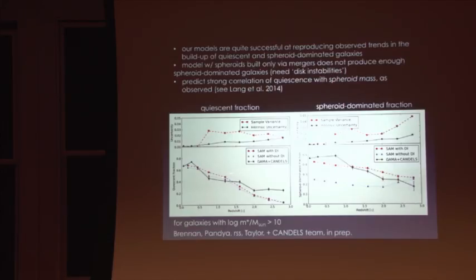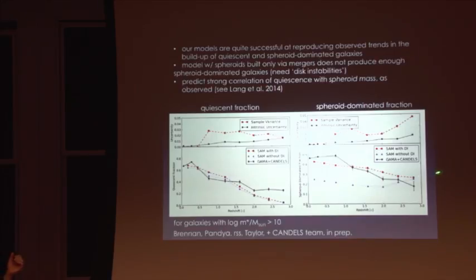And the difference between the two lines is, so one of the nice things about semi-analytic models is that it's very easy to switch things on and off, right? So it's very easy to say, well, I only build spheroids in mergers. Or to say, no, I think that sometimes also the gas doesn't have enough angular momentum to support it, and it's going to have an internal instability and form a spheroid in that way. So that's the difference between these two lines.